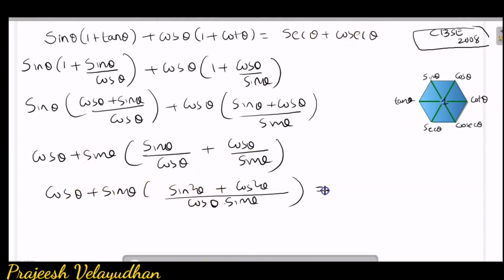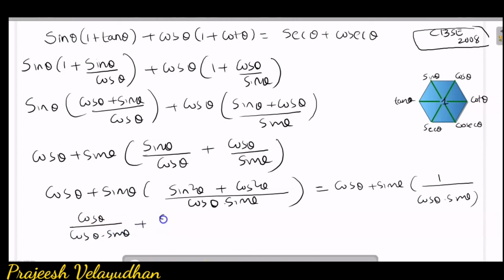Equal to cos theta plus sin theta into sin square theta plus cos square theta, that is 1, upon cos theta into sin theta. Now this cos theta plus sin theta divided by cos theta into sin theta, we can rewrite as cos theta by cos theta into sin theta plus sin theta by cos theta into sin theta.